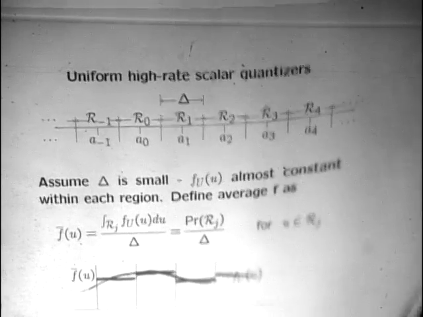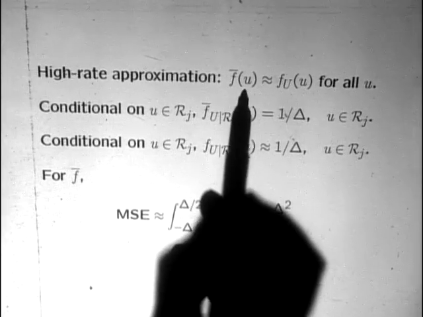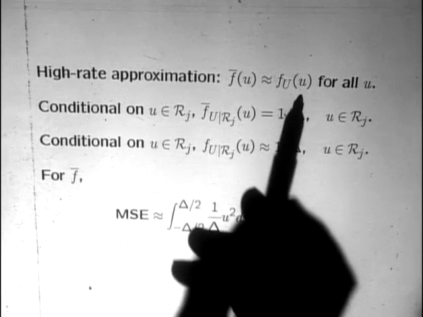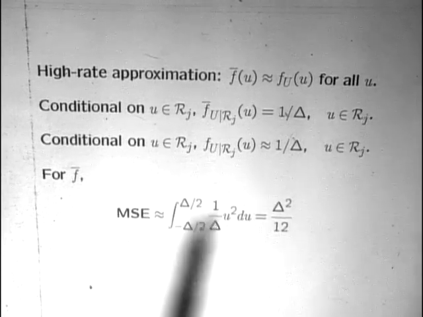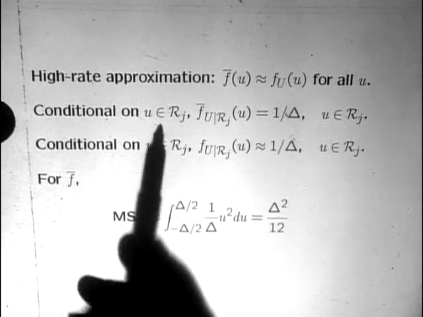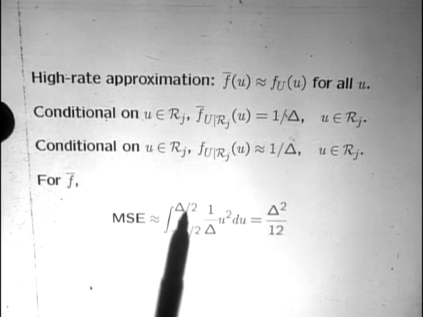And I'd like to find out how well this uniform high-rate scalar quantizer does. So my high-rate approximation is that this average density is the same as the true density for all possible u. So conditional on u and rj, this quantity is constant.